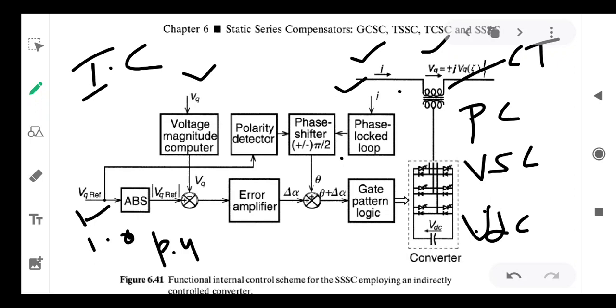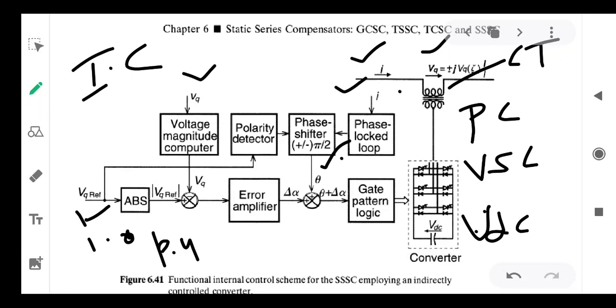If you want to supply the lagging reactive power, current is lagging behind the voltage by 90 degrees. Therefore, you can use plus or minus pi by 2 to get the synchronizing signal theta. So theta is obtained here. This is one part of the control circuit.